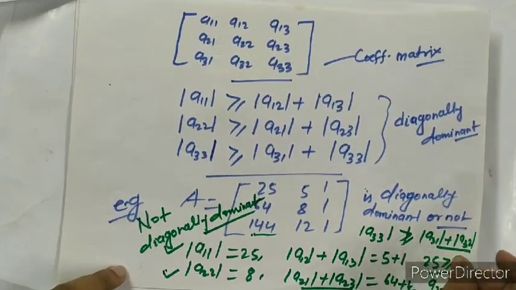In the next step, what we have to do is find the iterative formula for the Gauss-Seidel iteration method.